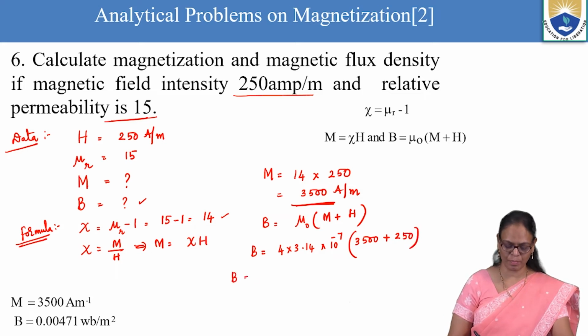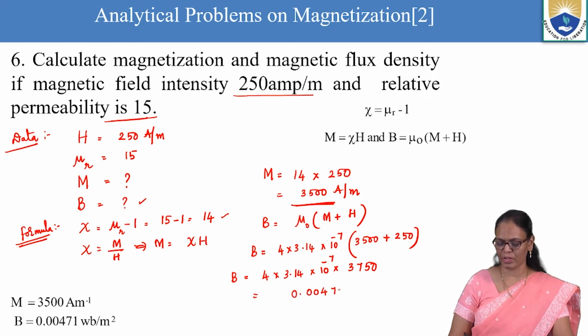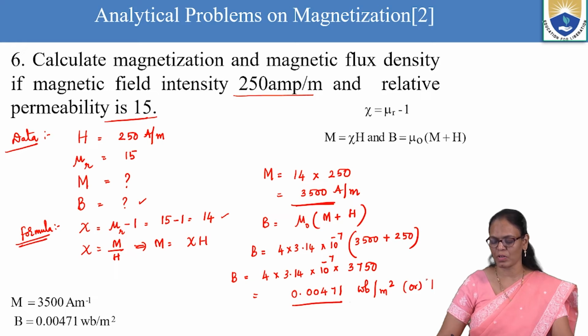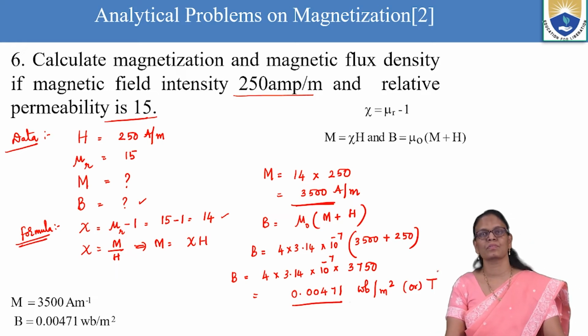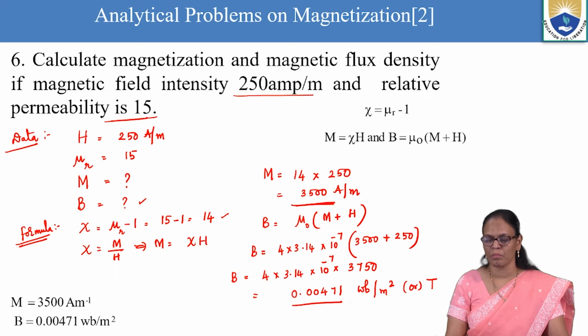So we simplify 4 into 3.14 into 10 power minus 7 into 3750. When we simplify this, we get 0.00471 Weber per meter square. We can also denote it in terms of Tesla. So that is the magnetic flux density.